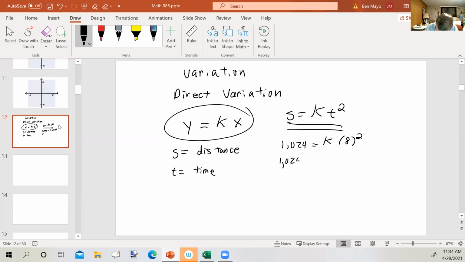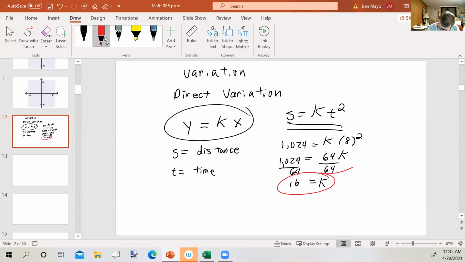We've got 1,024 equals 8 squared would be 64, so 64 times k. Dividing both sides by 64, we get k equals, let's see here, what do we get? 1,024 divided by 64 equals 16. So now we're going to take this information and plug it back into that formula. So now our formula becomes s equals 16t squared, okay?